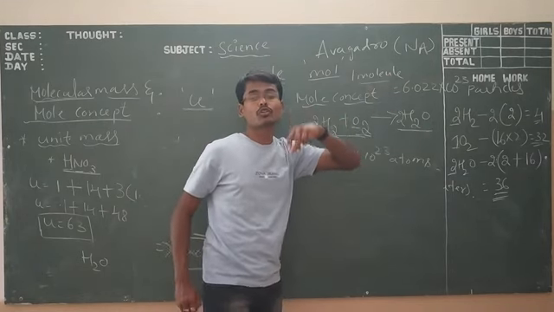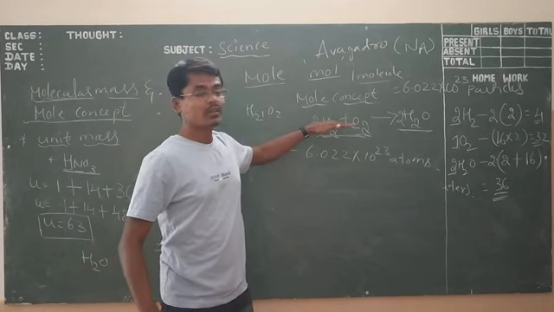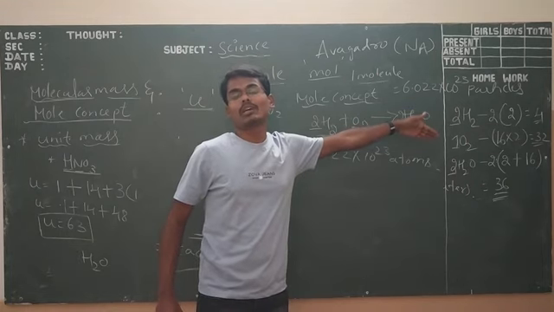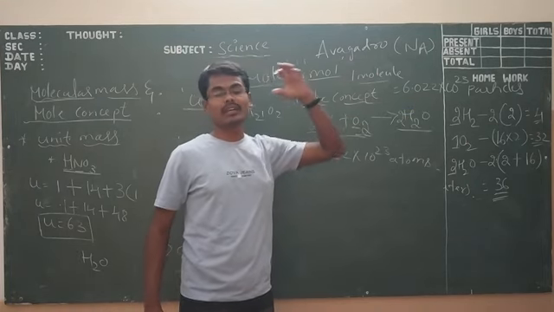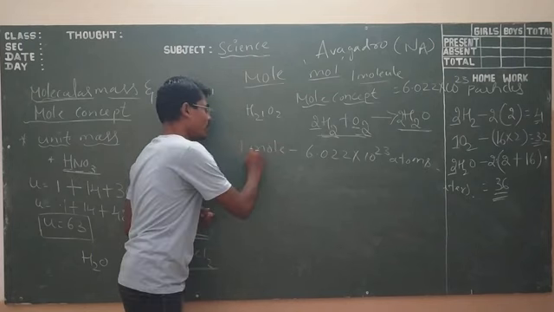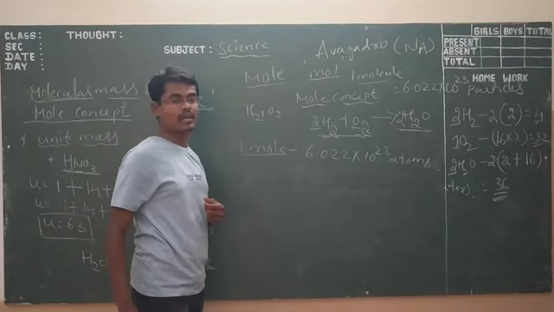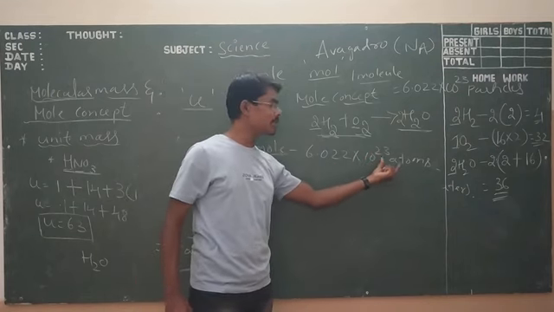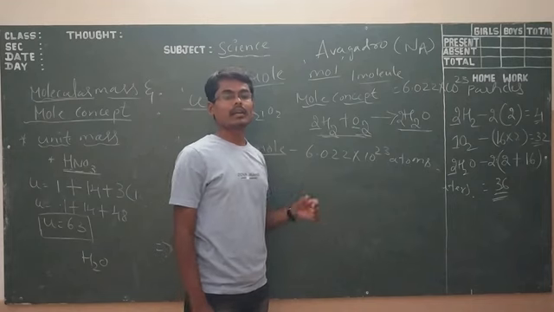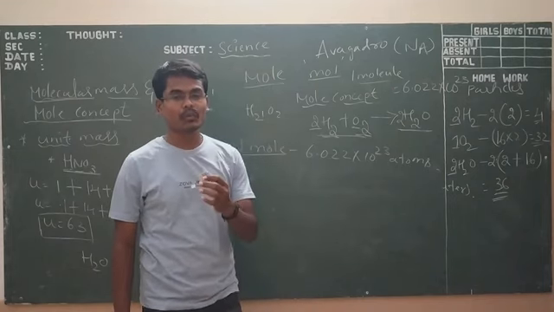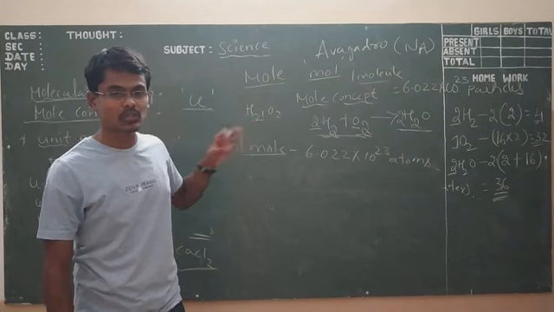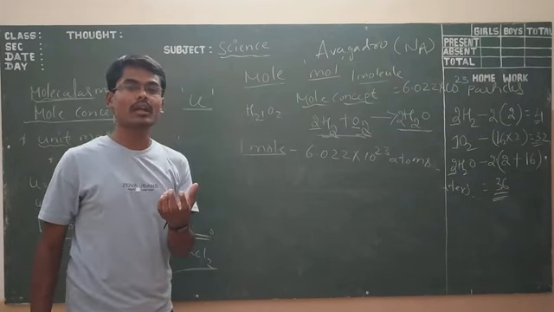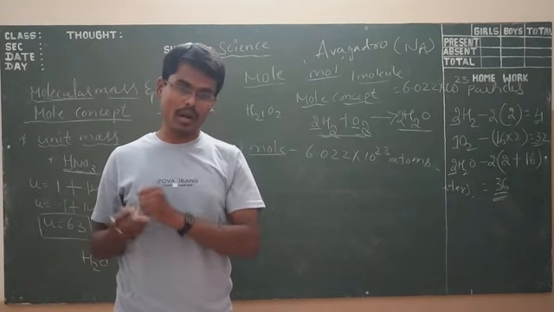Like that, we have to know how many molecules on the reactant side are required to form this number of molecules of the product. For that reason, we use the word mole. 1 mole equals 6.022 into 10 power 23 atoms. Then in textbooks they give some numericals, some problems based on this, to find out how many moles are required to form that particular product.